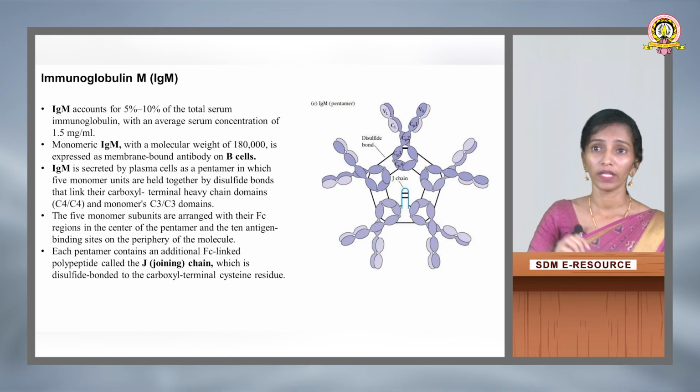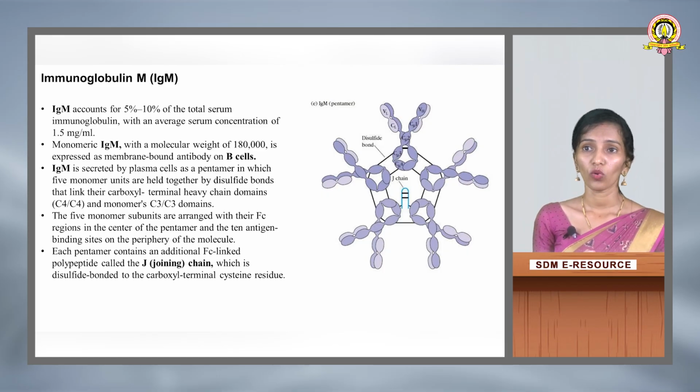IgM, immunoglobulin M. IgM accounts for 5 to 10% of total serum immunoglobulin with an average serum concentration of 1.5 mg per ml.